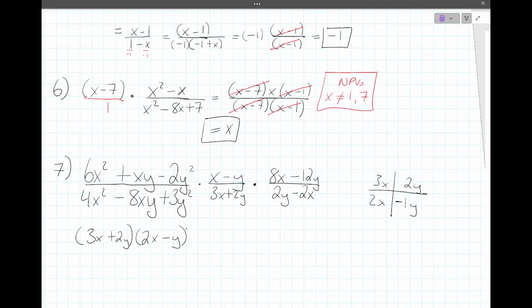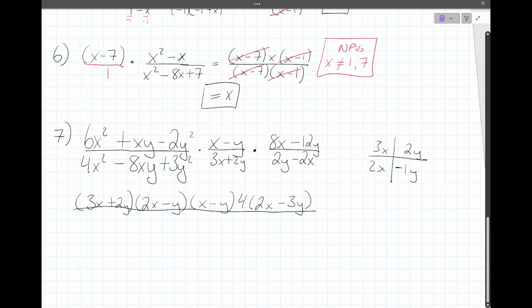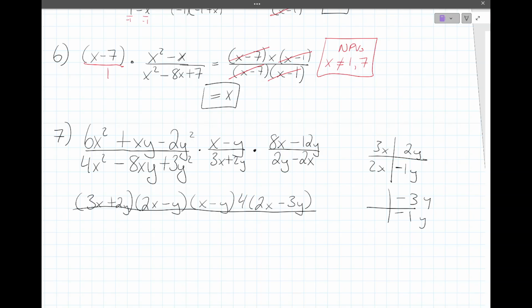Right, and now I'll get times x minus y, and then take a GCF of this, which will be 4, and this will be 2x minus 3y. There's the GCF there. So I have all the factors for the numerator, right? Now all the factors for the denominator. For this one, let's see, going to be negative, negative, y, y. So negative 3, negative 1 for sure.